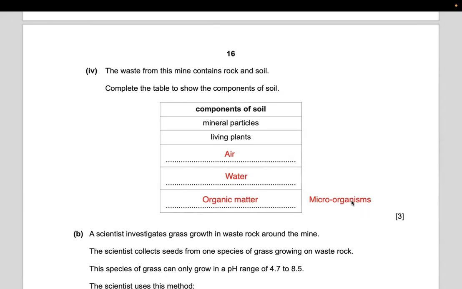Well, it could be microorganisms, but that's organic as well. So that really annoyed me. And I had to look on the mark scheme. And actually, these are both on the mark scheme, even though living plants are already mentioned. So that was really annoying. Could have put dead plants, but that is organic matter. So it's just annoying. Silly question.